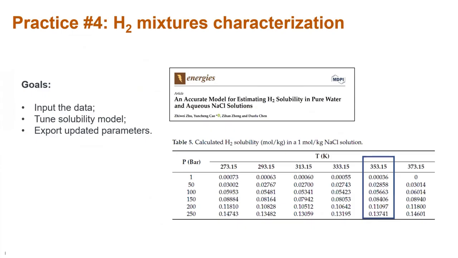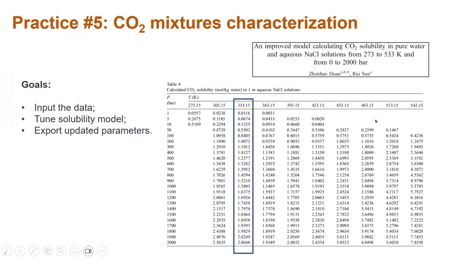The last slide. I'm running over time, sorry for that, but this is the last slide, and it's another homework. Do the same thing, but for CO2. I did the practice with hydrogen because I believe that most of you are more interested in hydrogen than CO2, but the steps are the same. You can follow the same steps to get through this exercise.